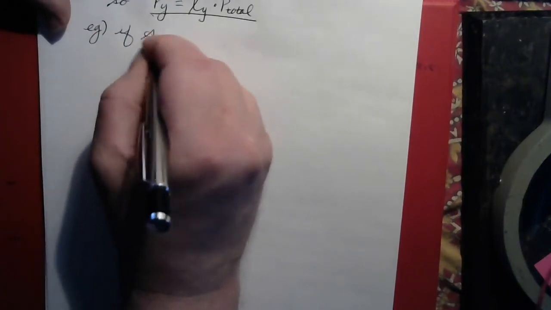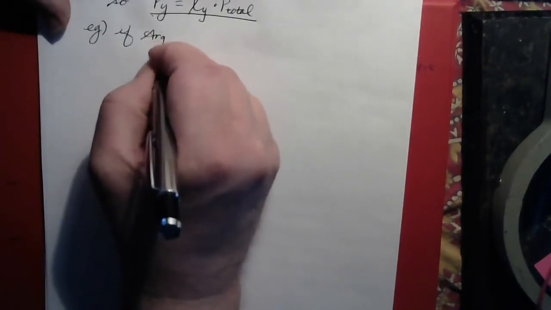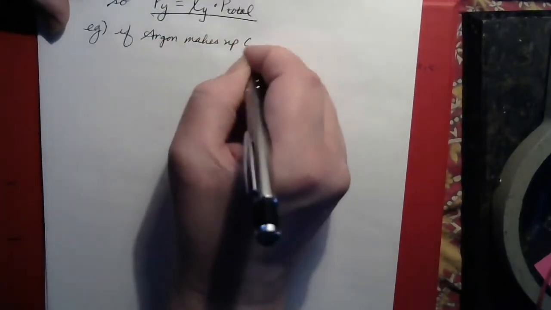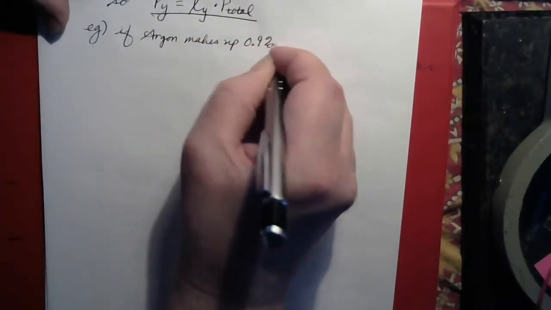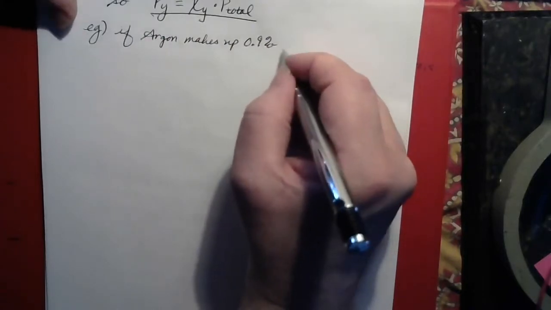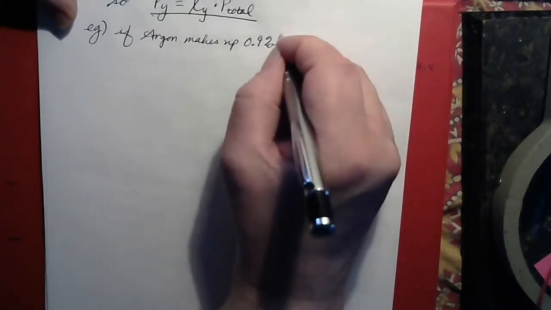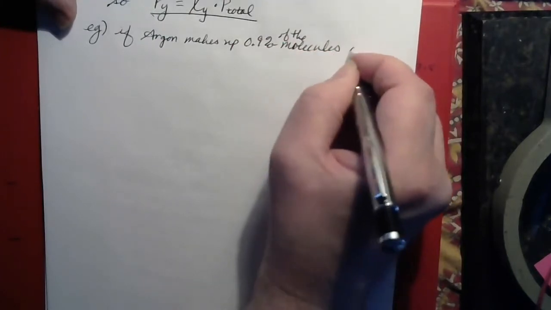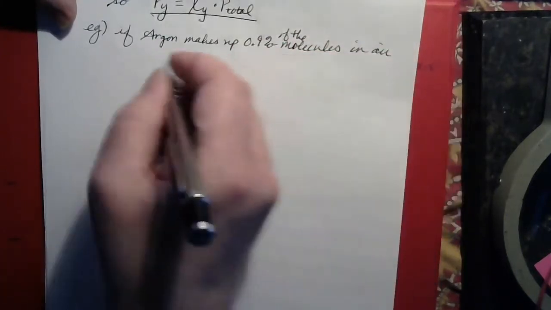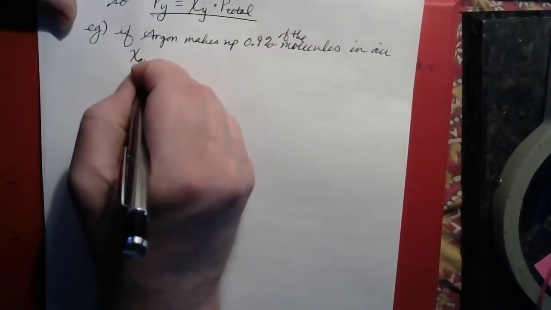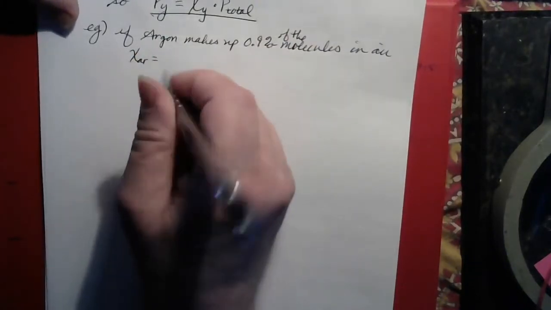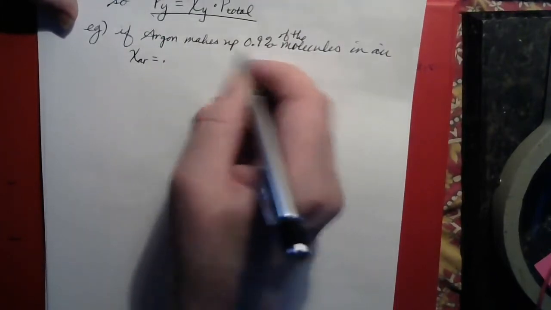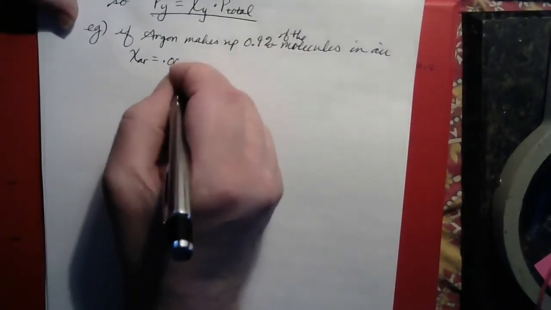And an example of that would be, for instance, if argon makes up 0.9% of the molecules in air, in other words, chi of argon, or the mole fraction of argon, would be 0.9% divided by 100, which is 0.009.